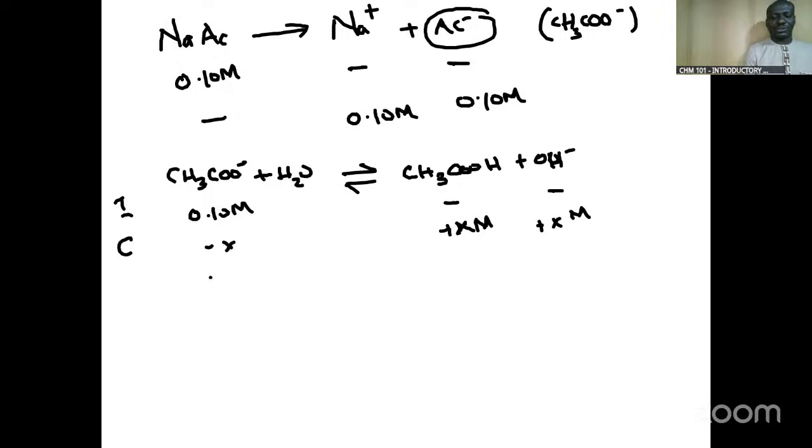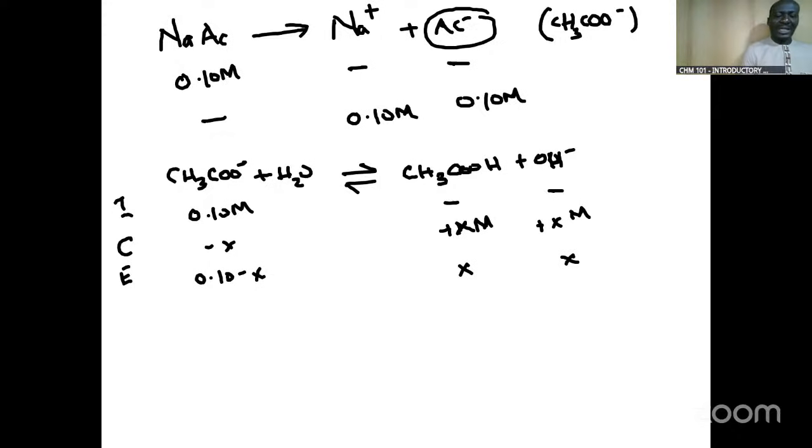Such that what is left at equilibrium will simply be 0.10 minus X, and this will be X, and this will be X. So that is what we have.